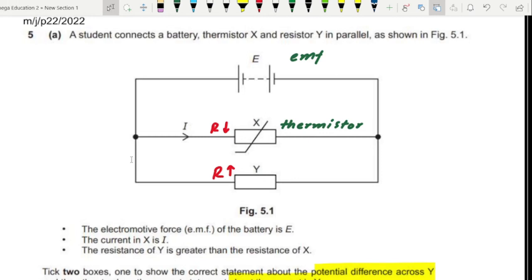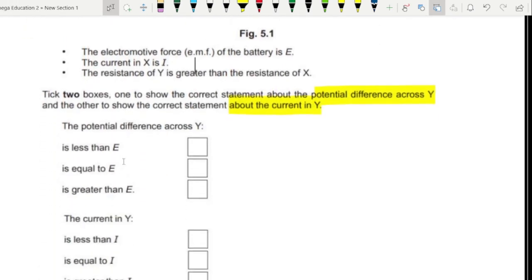And in this case, that condition is being satisfied. So the potential difference across Y is equal to the EMF of the battery, the middle one.